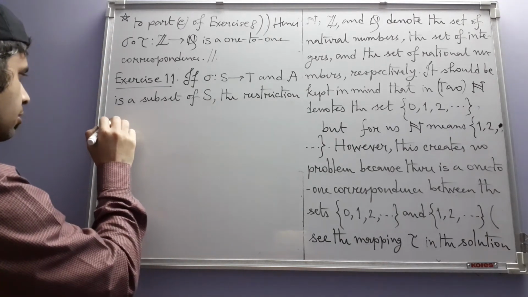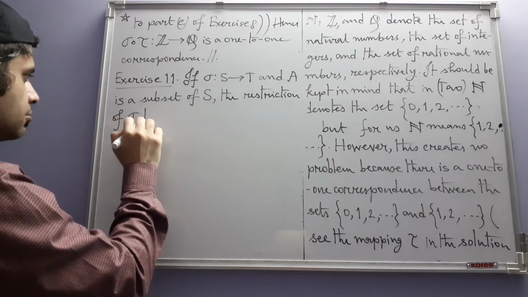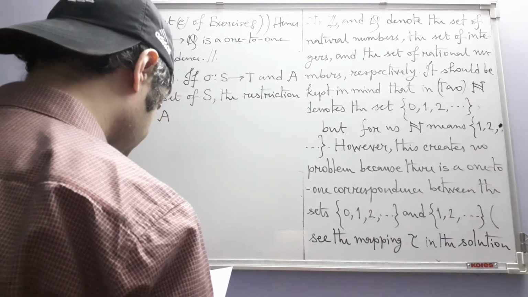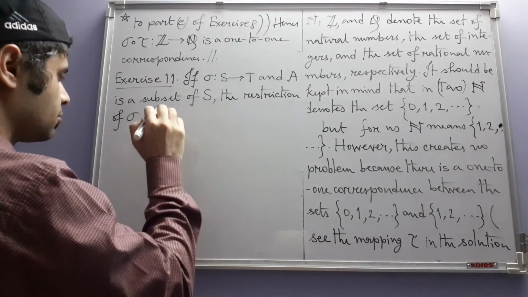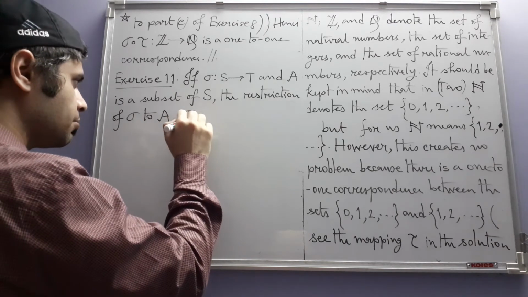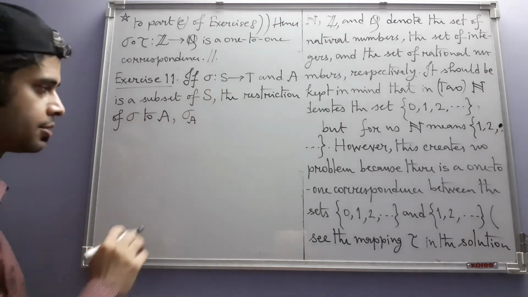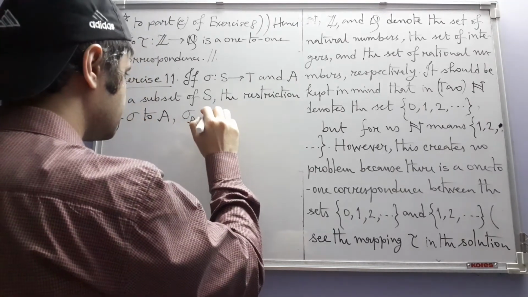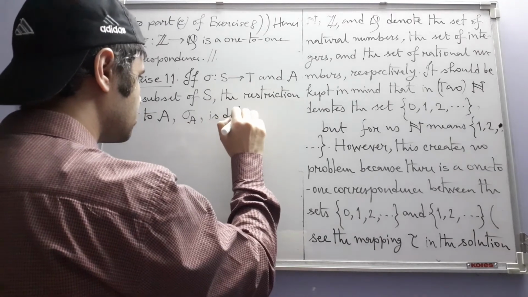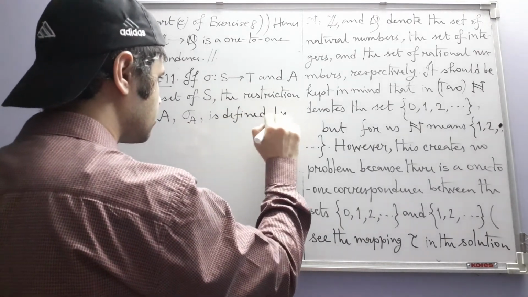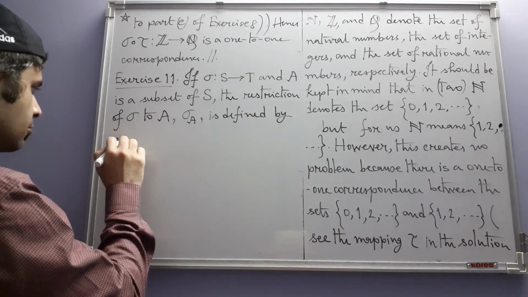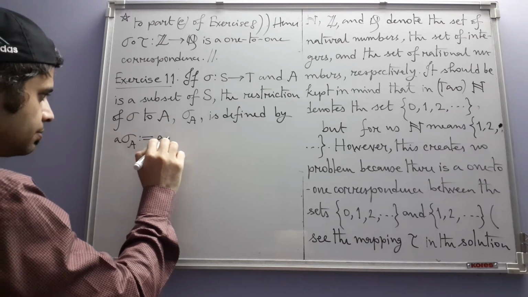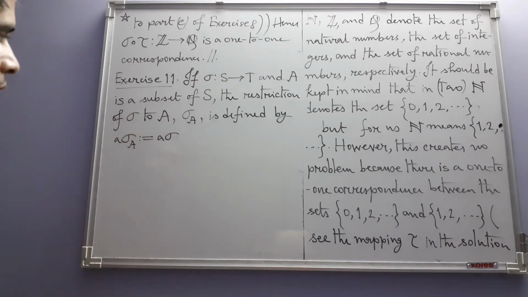The restriction of sigma to A, which is denoted by this symbol, we write A as a suffix of sigma, is defined by sigma A of a, by definition equal to the same thing as sigma of a.